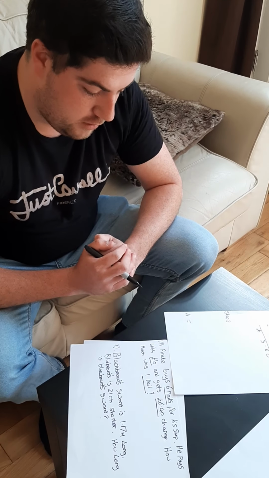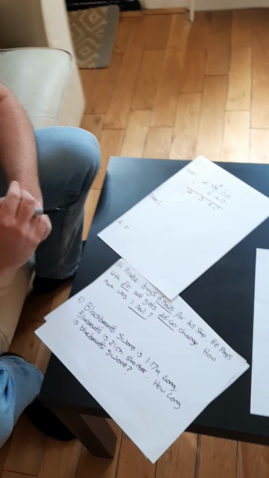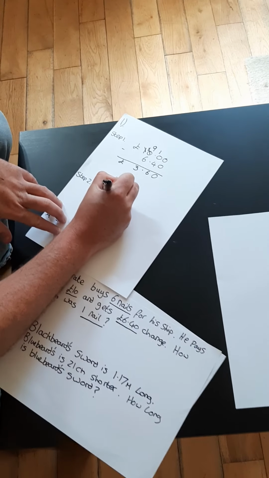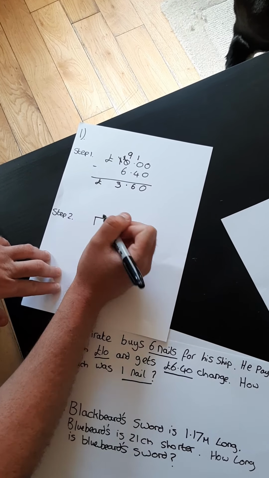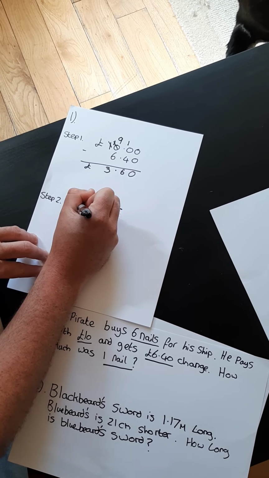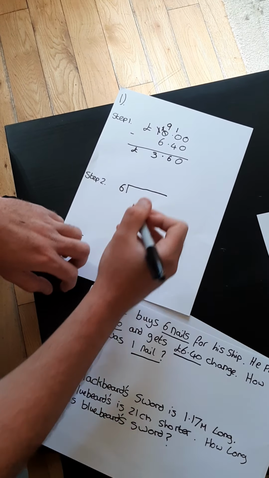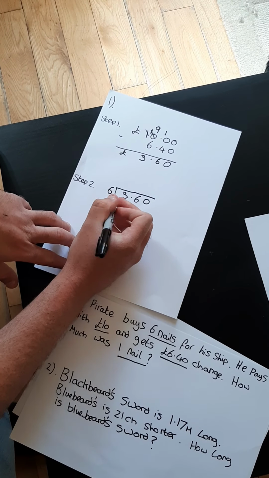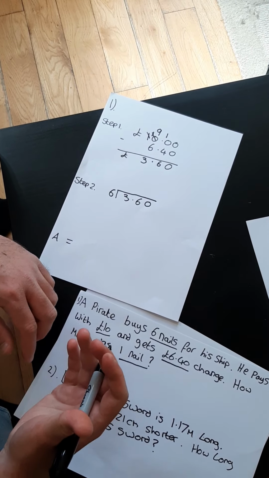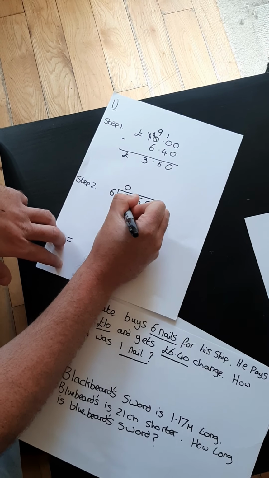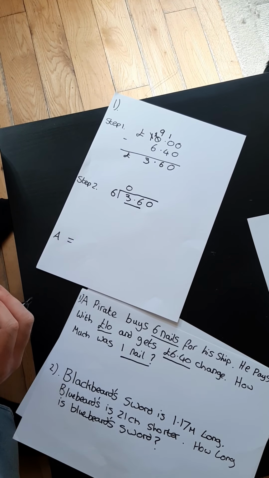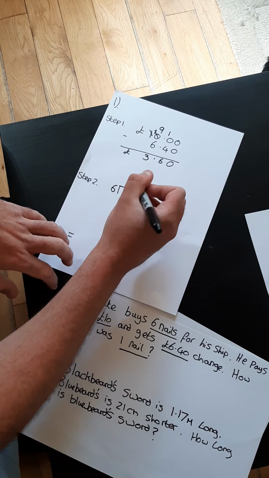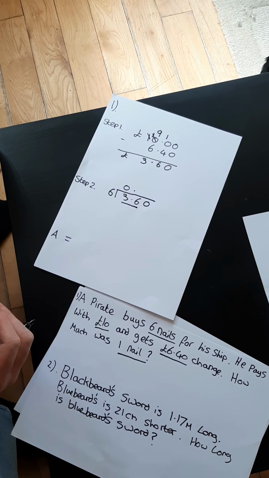But we don't want to know how much 6 nails is. We want to know how much 1 nail was. So this is when we need to do some division. Using our bus stop method, we are dividing by 6 because that's how many nails we bought in total, and we put our 360 in there. Now, how many times does 6 go in 3? Well, it doesn't. So put 0 there and we underline that to make it 3.6 or 36 to make it a bit easier. Don't forget your decimal point because that never moves.